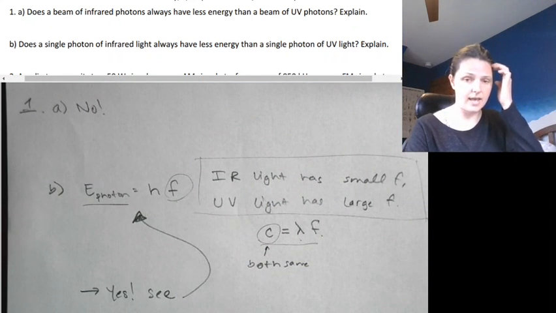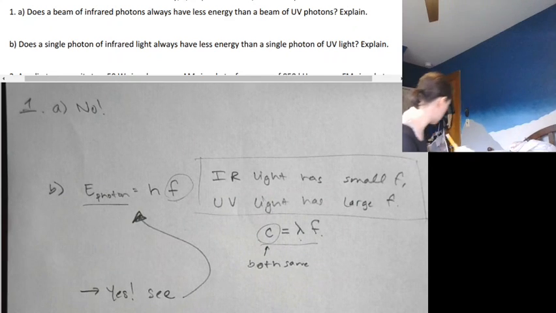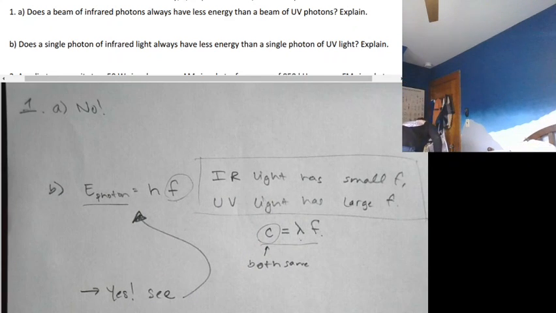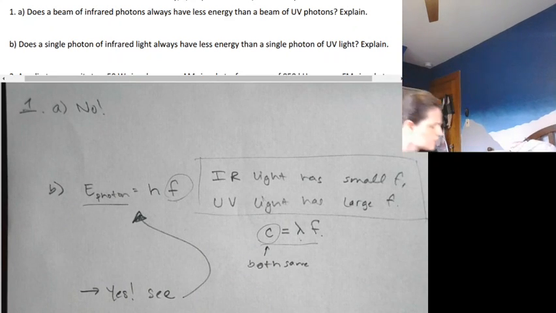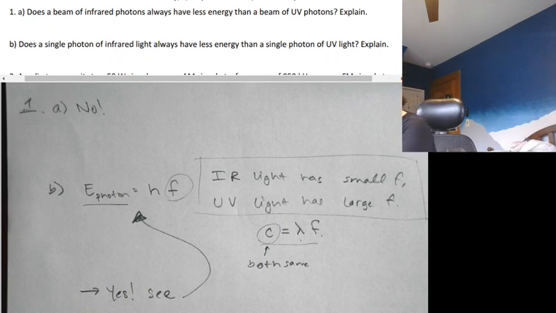I wish I had looked something up before, so I'm going to look it up now, which is the energy of individual photons of light that are infrared and UV.